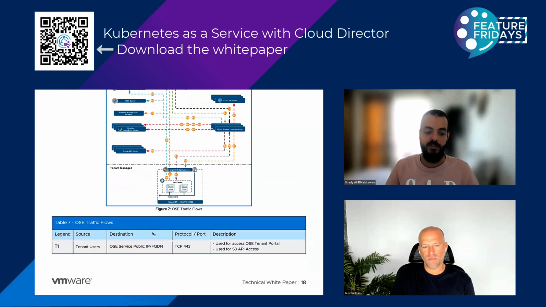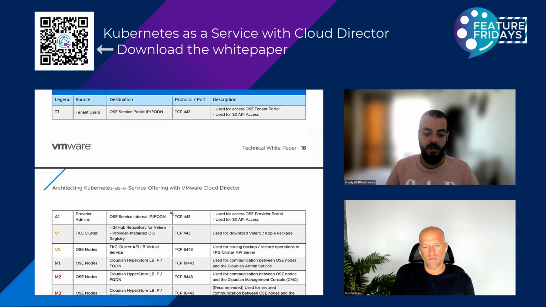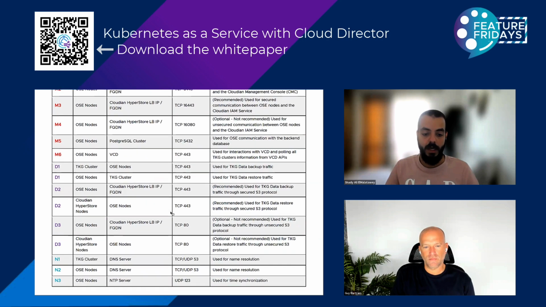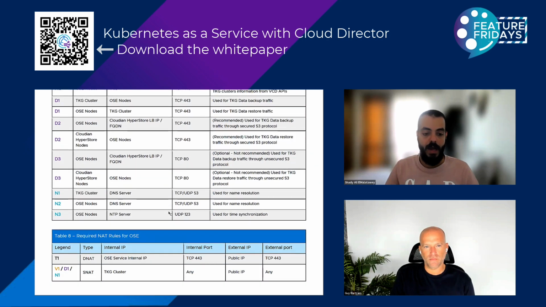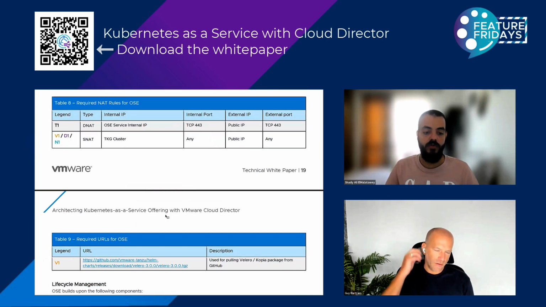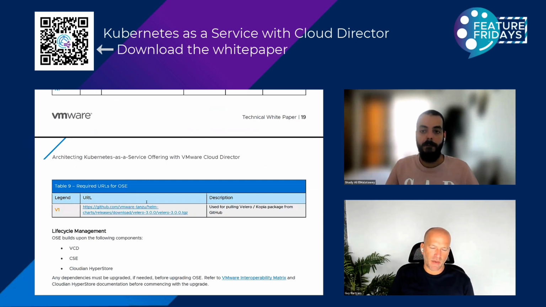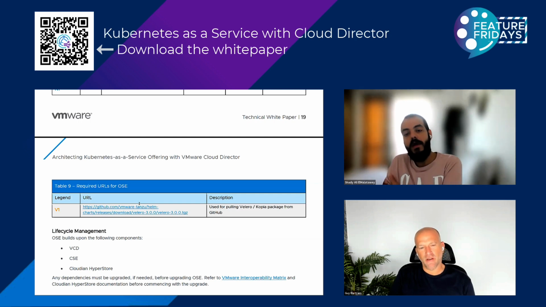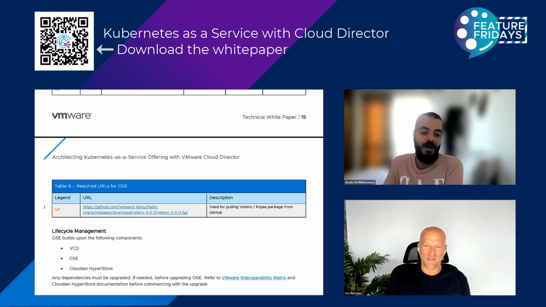All of that is detailed here in the traffic table and the NAT rules. Looking at the backup, which tool does Kubernetes use? Is it Grafana? No, Velero and Copia. Velero, that's right. We are using Velero and Copia for the backups and restores in Kubernetes.